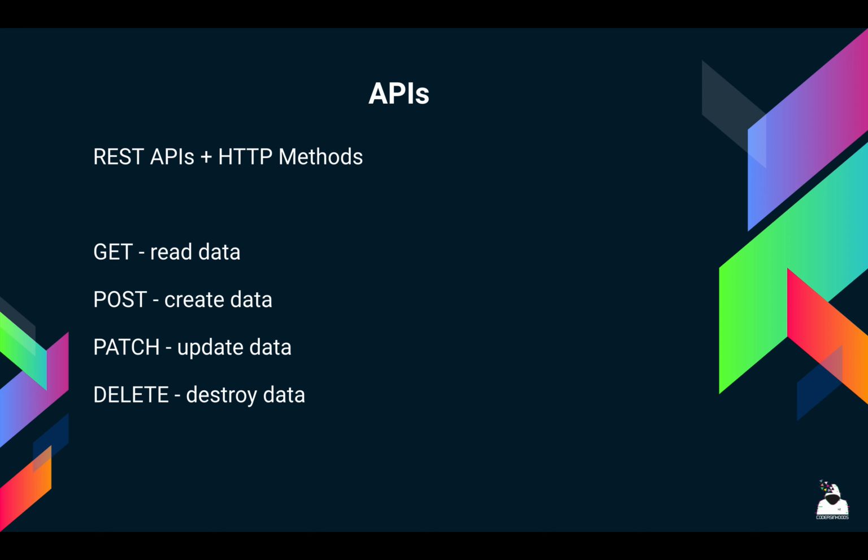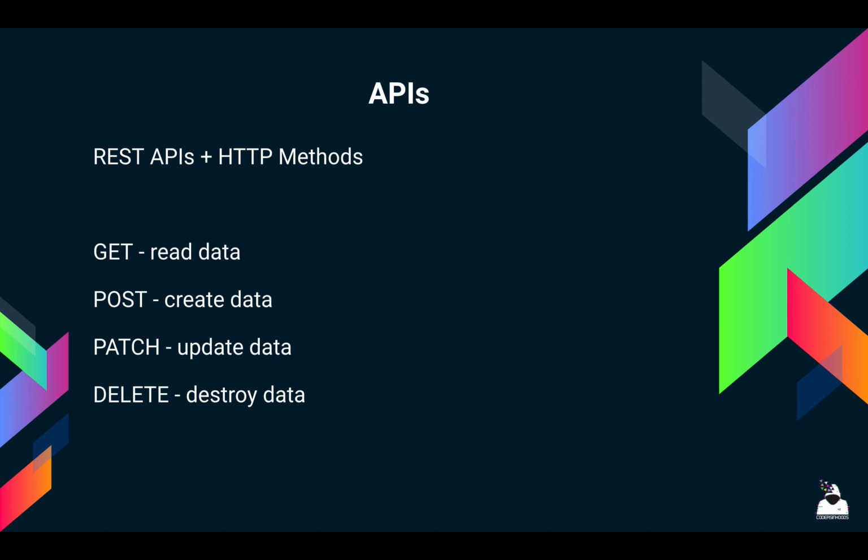It's how data gets sent over the internet. And there are things called methods, or sometimes verbs, because they describe what the server should be doing or what the request should do.